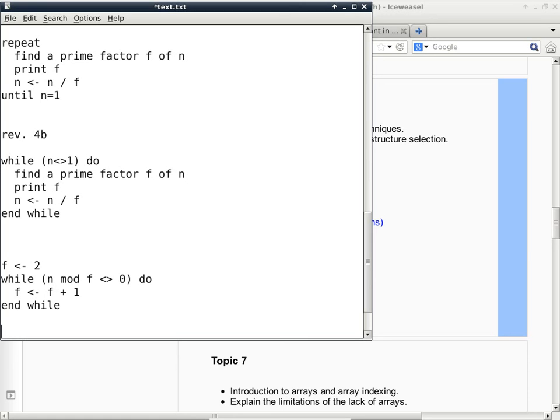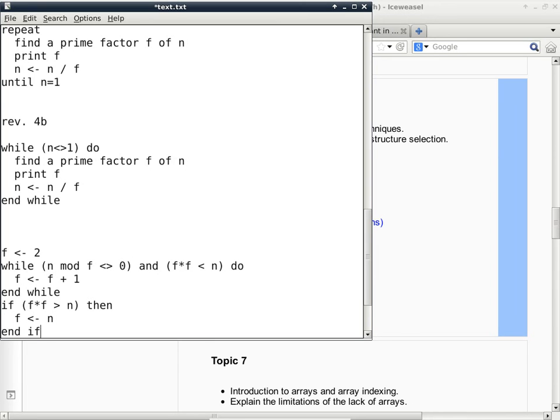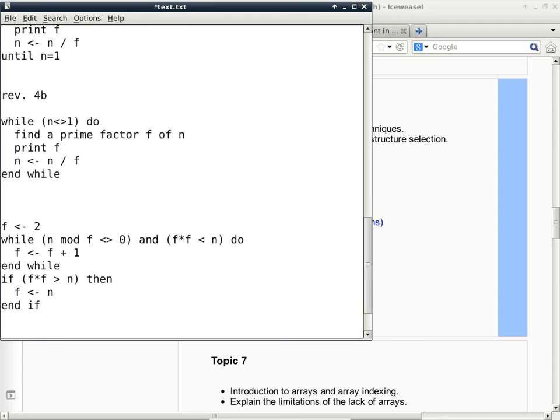Now, in the other case, the optimization says something like this. We stay in the loop if this condition is true, but also when f times f is less than n. Then we have a condition after the loop that says if f times f is greater than n, then f is n, because n is a prime number in that case. So what happens after the optimization when n equals 1?